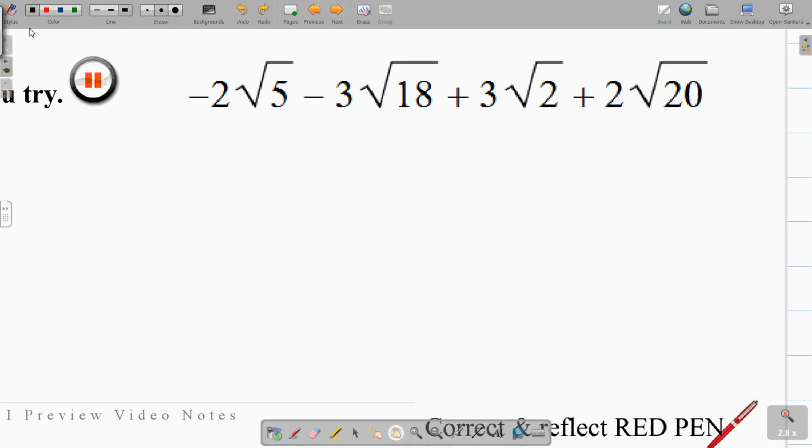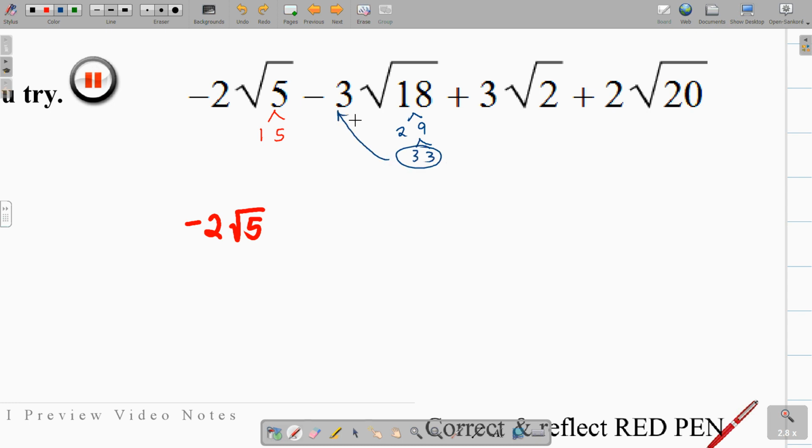And that's 2 and 10, 2 and 5. Should be able to bring out the 2 there. 2 times 2, that's going to be positive 4 root 5. You should have collected like terms, so the root 5s can collect.